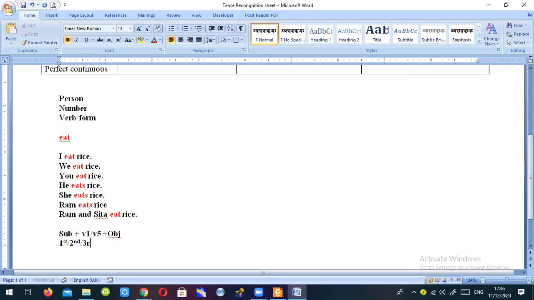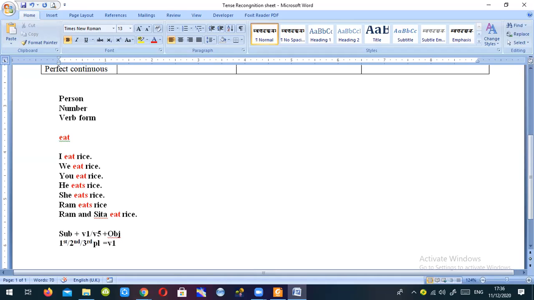Third person also. Third person, which one? See, Ram, for example. These two are third person singular. And Ram and Sita, these two are third person plural. It means only third person plural, they take V1.